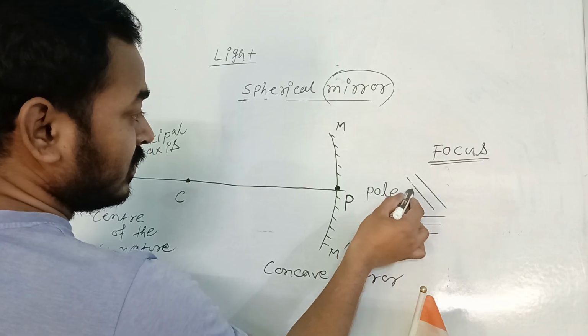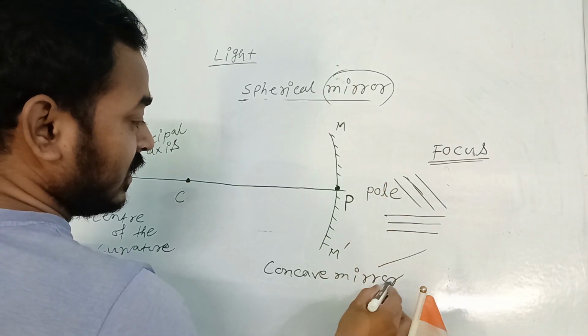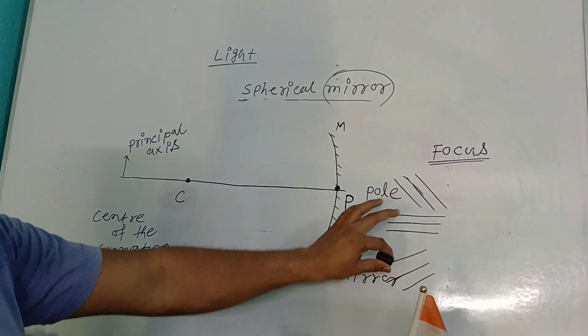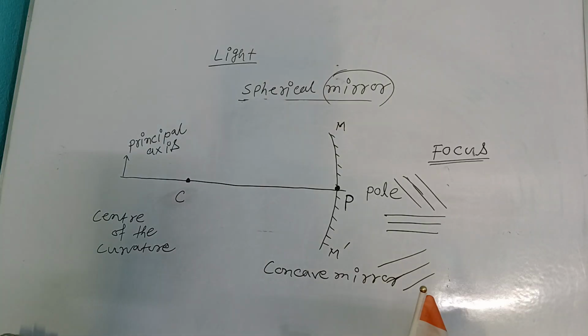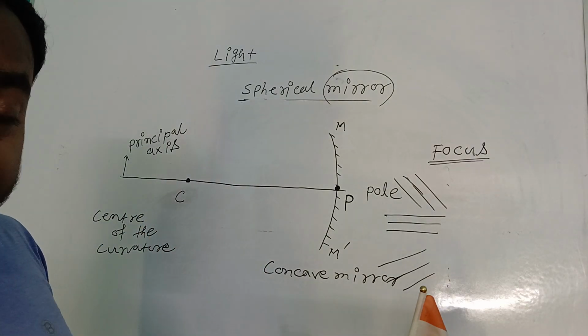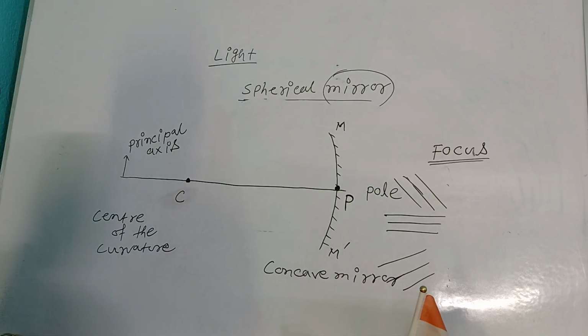It is my choice, and depending on these parallel rays, there is a particular point on which all the reflected rays are meeting, and this point is known as the focus point, or the focus of the mirror.